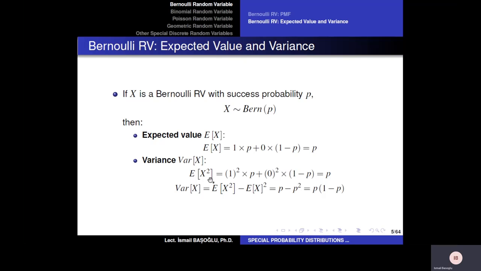Hence, the expected value of X squared will also be equal to p. And this difference, expected value of X squared minus the square of the expectation, will simply be p minus p squared. And as p is a common multiplier here, we can summarize this as p times (1 minus p).